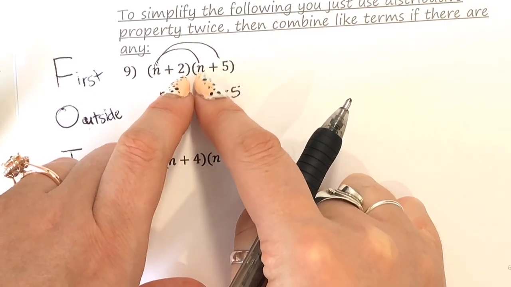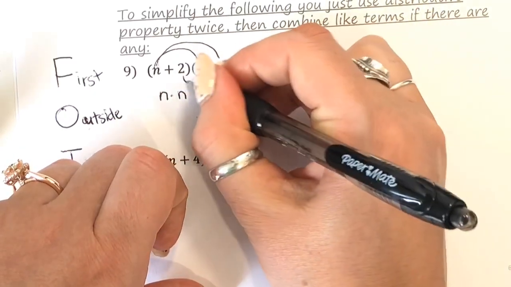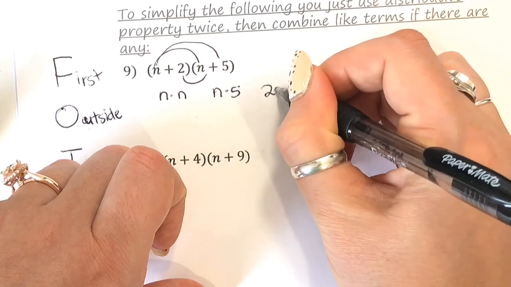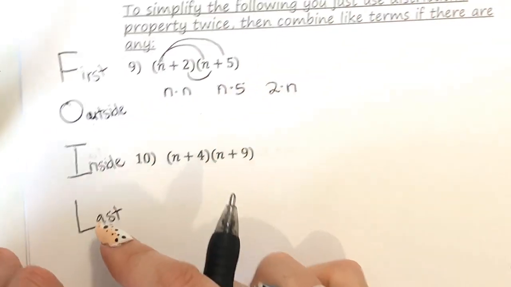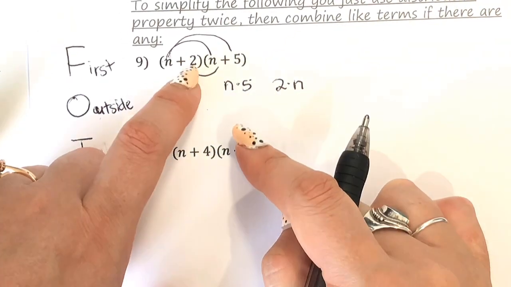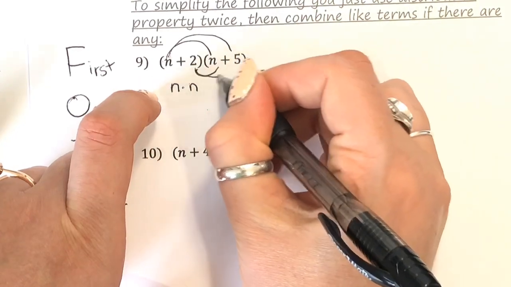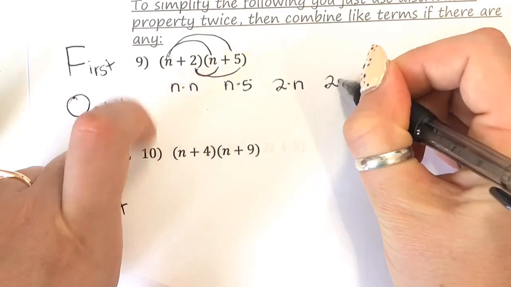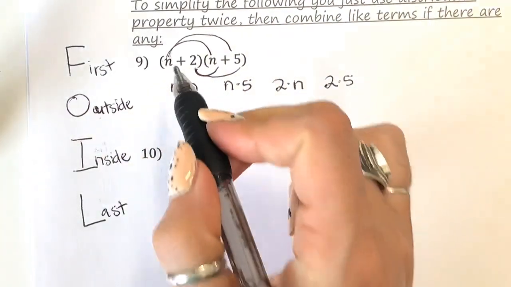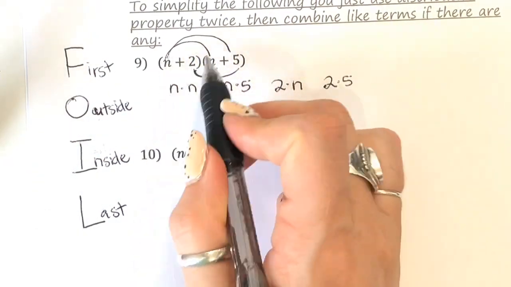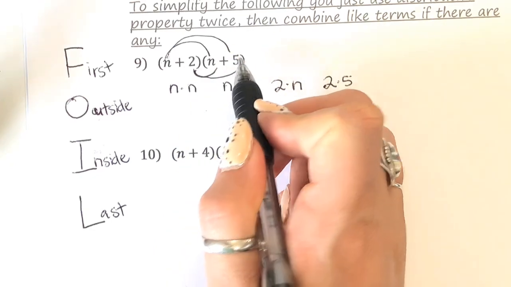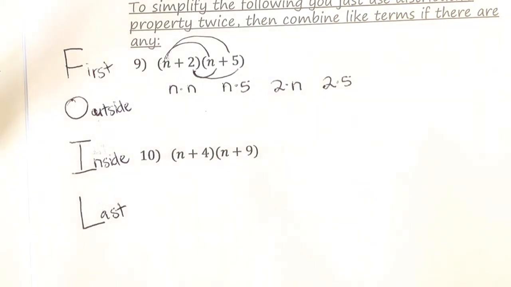These two are on the inside, so we're going to do 2 times n. And then our last. This is the last in this set, and this is the last in this set, so we're going to do 2 times 5. If you follow that pattern, everything from this group is being multiplied by everything inside this group. So it gives you a good order to follow.